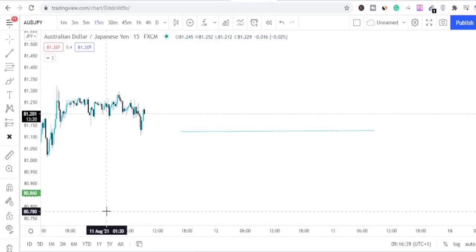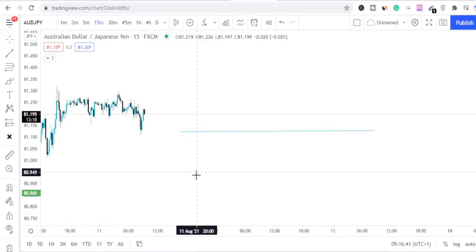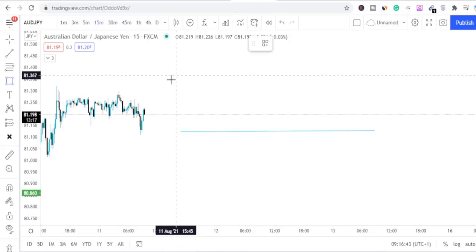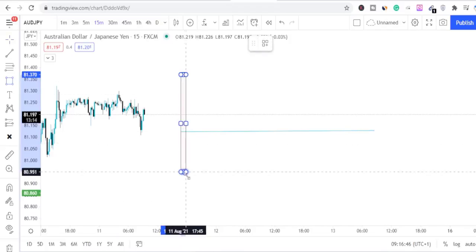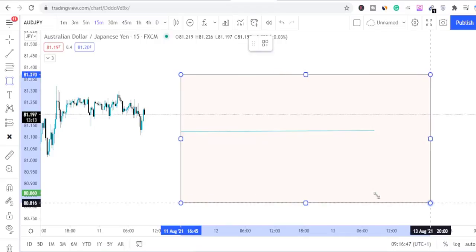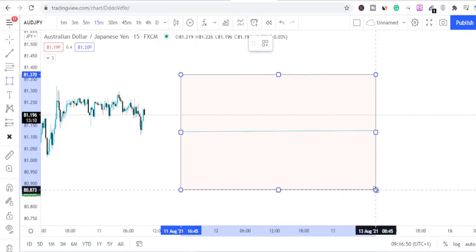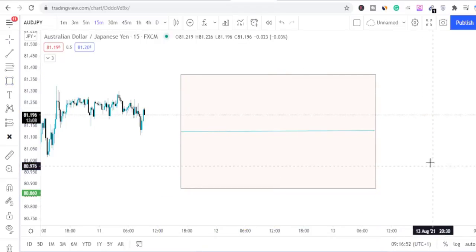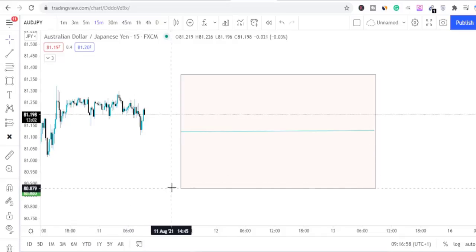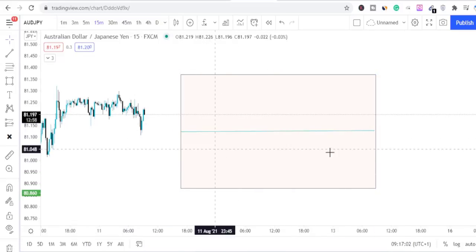And I want you to take note of this. Let's put a box there, and we're going to say, okay, this is the 50% of this box, right? So the only time we are willing to buy is when price is in this box, that is below this line.